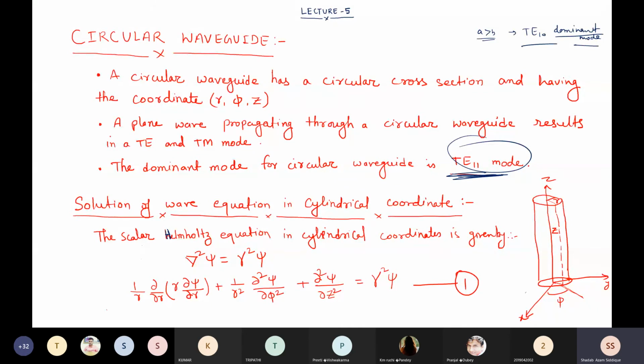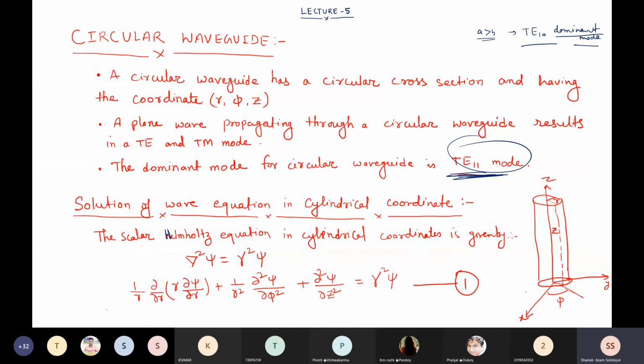A circular waveguide has a circular cross section with coordinate axes r, phi, and z. The waveguide modes are TE and TM modes, and the dominant mode for the circular waveguide is TE11.